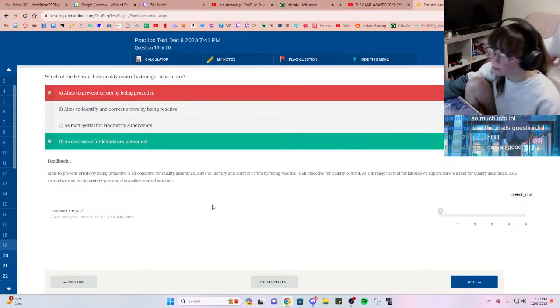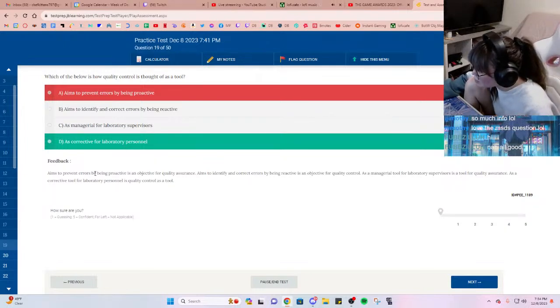Corrective. I don't like this question. It's worded weird. Aims to prevent errors by being proactive is an objective for quality assurance. Aims to identify and correct errors by being reactive is an objective for quality control. As a managerial tool for laboratory supervisors is a tool for quality assurance.